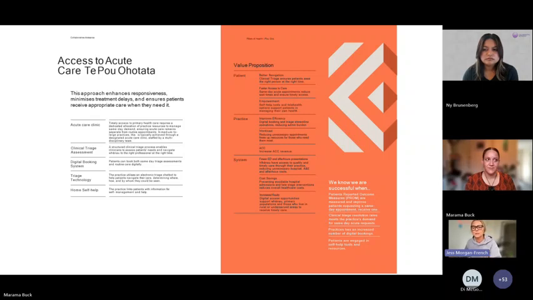Another question's just come through around digital and what about the people who don't have a phone? So I think I've just covered that: we will have that capacity at the reception administrative level to be able to support when the majority are coming through digital pathways, and also for people who can't speak English. There's some really awesome technology coming out that is going to support us better than we've ever been supported in general practice around language barriers.